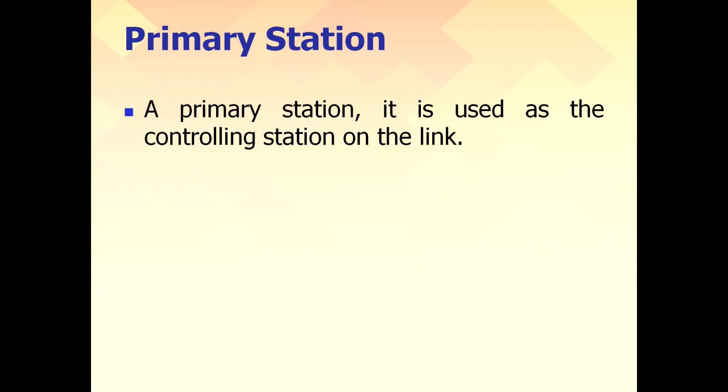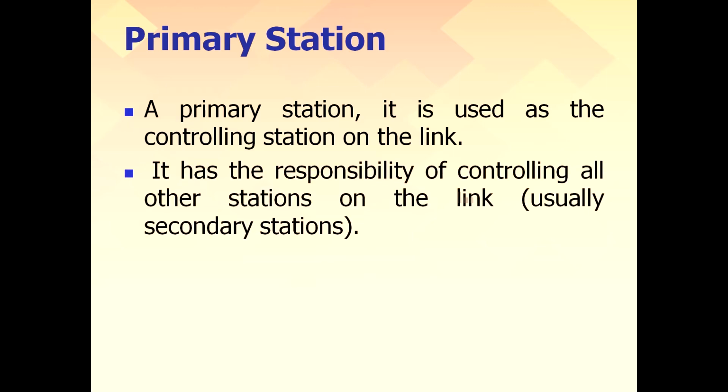The first one, the primary station. The primary station is the controlling station on the link, where link indicates the network. It has the responsibility of controlling all the other stations on the common link, and the remaining stations are called secondary stations.